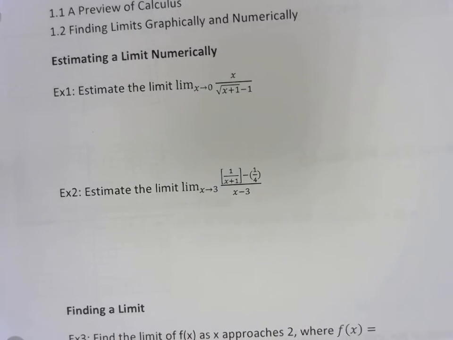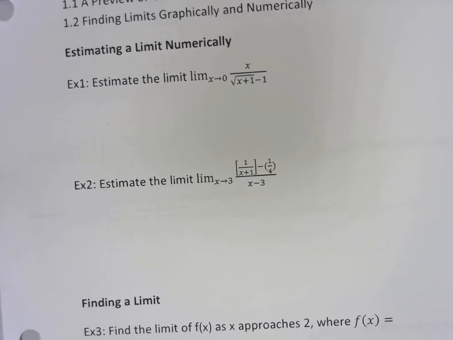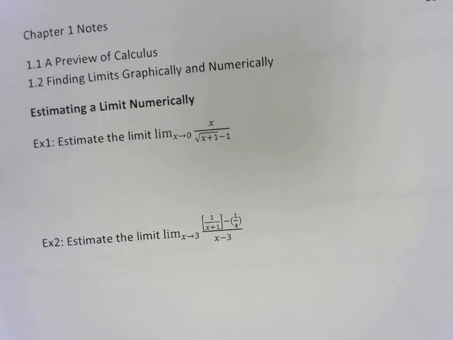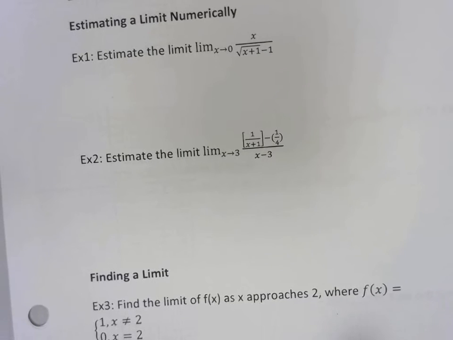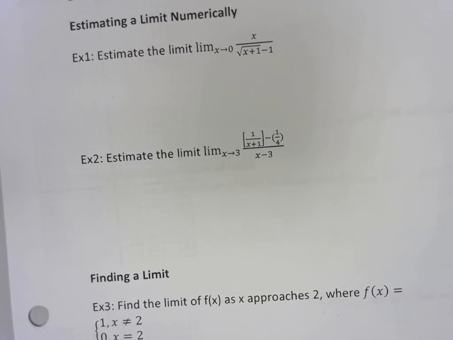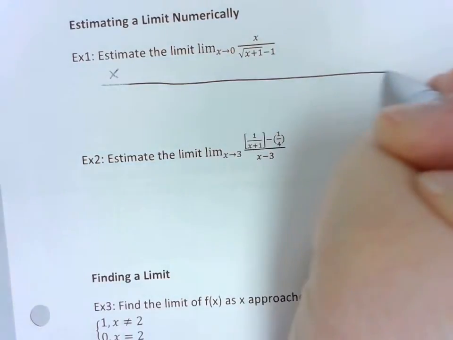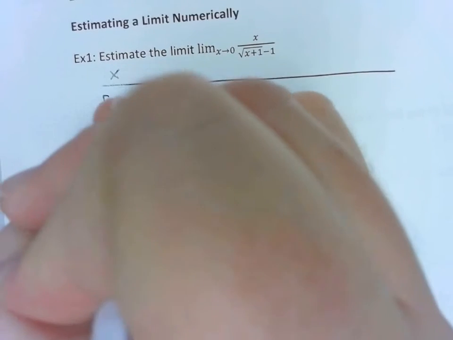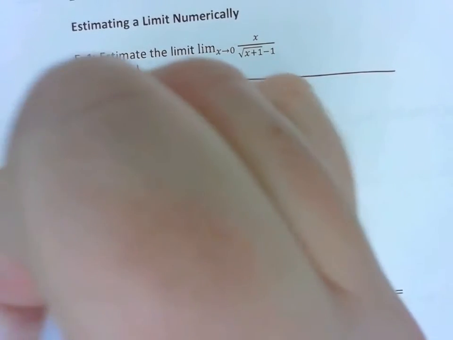So for the first two examples, we're just going to look at the grunt work of this, plugging it into a calculator and literally saying, as I pick x values that are approaching 0, what does it look like my y value is approaching? That's what a limit means. So for the first two, we're just going to make a table like this, with x and f of x, which is the same thing as y.